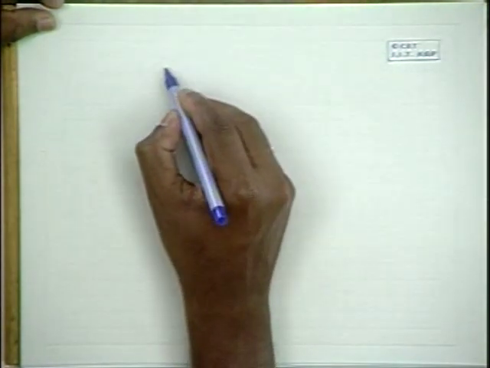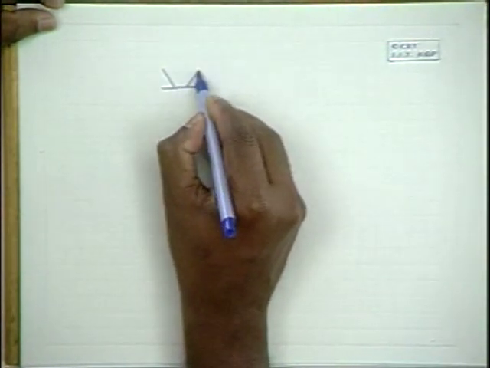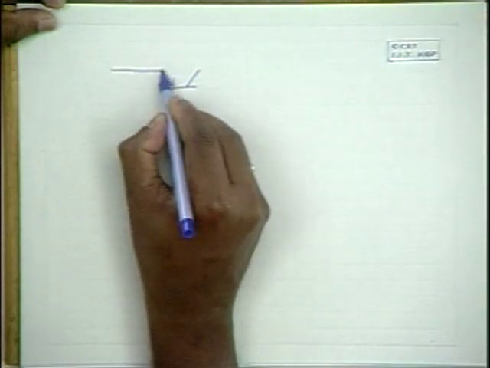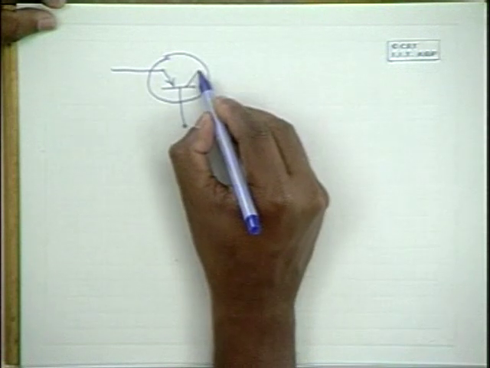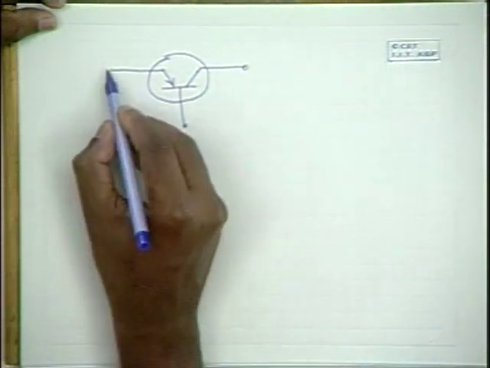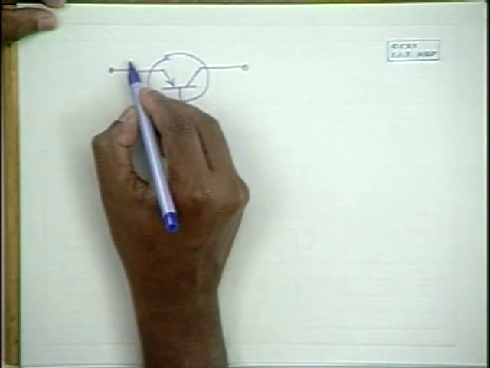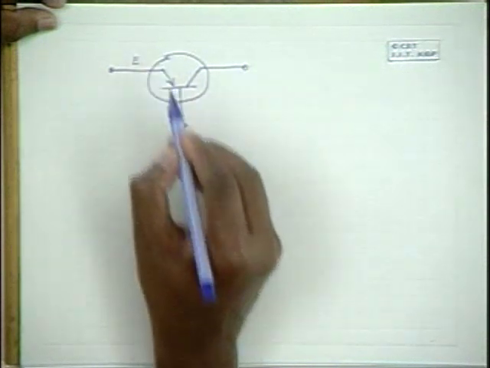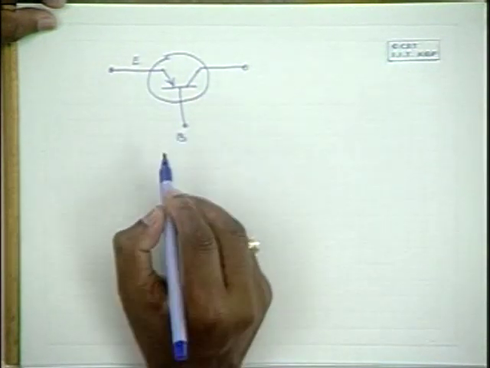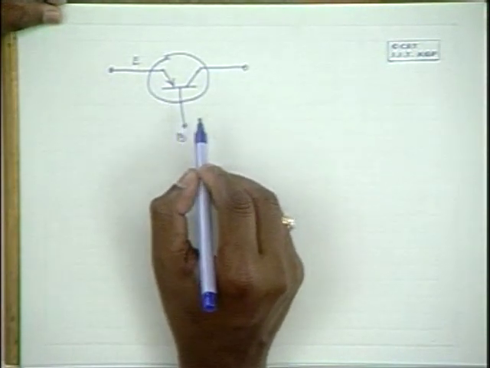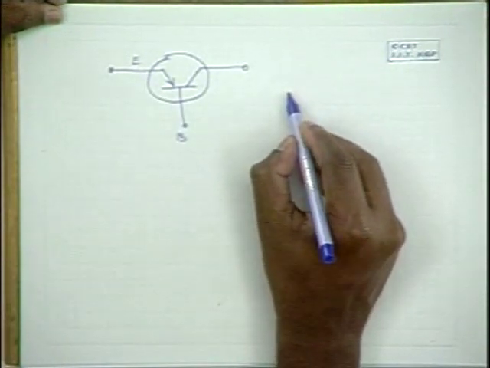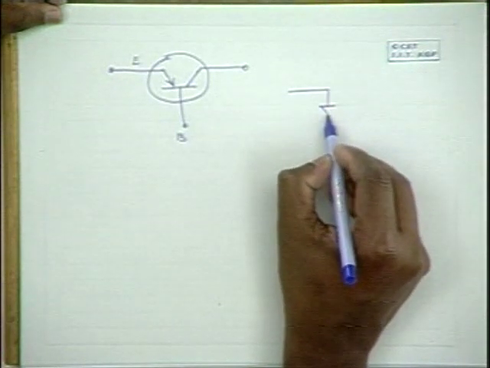Now we know that in a transistor, say a PNP or an NPN transistor, say in this application a PNP transistor, on the input side between the emitter and the base, we have one diode present. So equivalently you have a diode here.